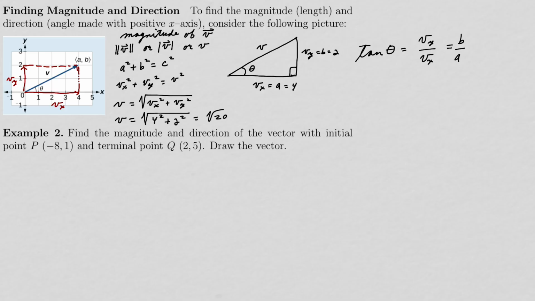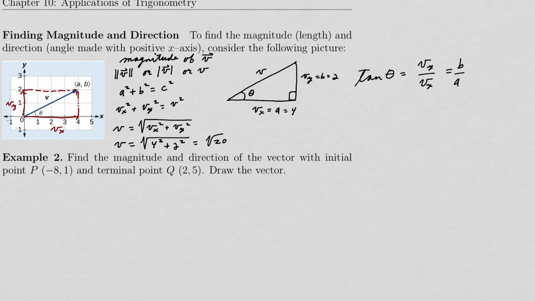You can use either. But I don't really want tan of theta, I want theta. So how do I get theta if I have tan of theta? That's when you have to use the inverse function. Remember, we talked about this way back when we talked about functions. If I have a function of x, and if I take the inverse function of that function of x, it gives me back the input x.